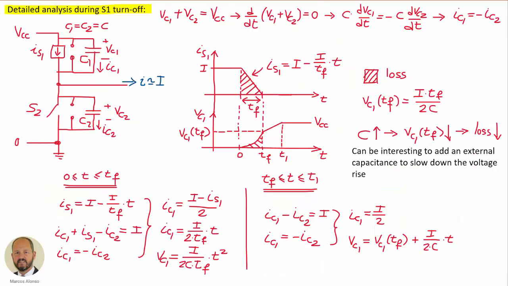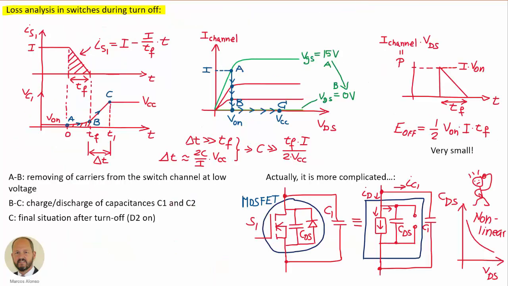We did a detailed analysis during the switch turning off, and here we calculated the losses that we will have during the turn off process, and we also obtained the value of the capacitor that we need to have very low losses during the turn off process.